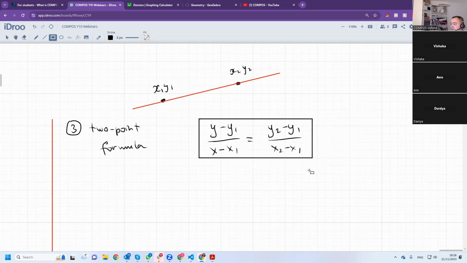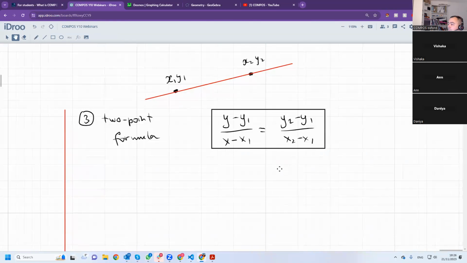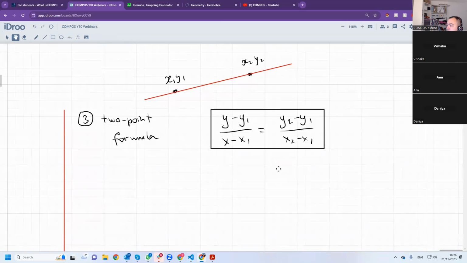Are you familiar with this formula? 1 for yes, 0 for no. Okay.